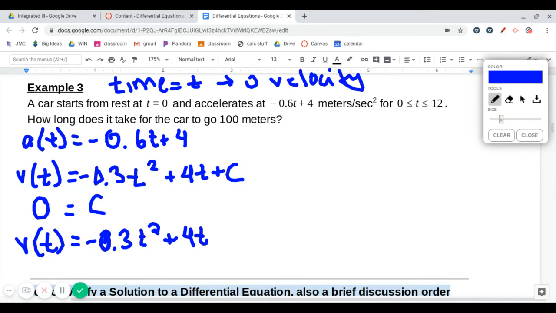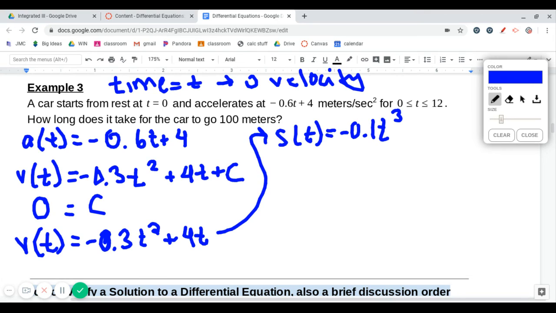Alright, now we know how to find the position function, which is the integral of the velocity function. So s of t equals, let's see, this is going to be t cubed, which would mean this would have to be negative 0.1t cubed, plus 2t squared plus c.